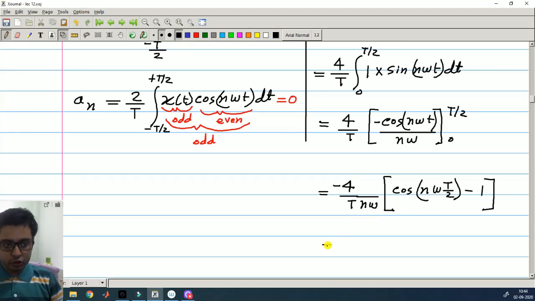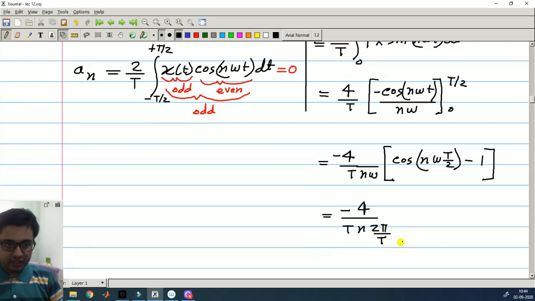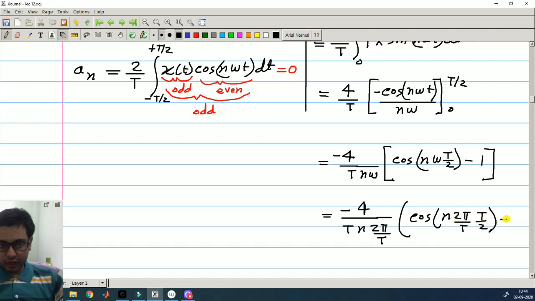Now let me put omega equal to 2 pi over T. Here also in place of omega, 2 pi over T, then T/2, minus 1.